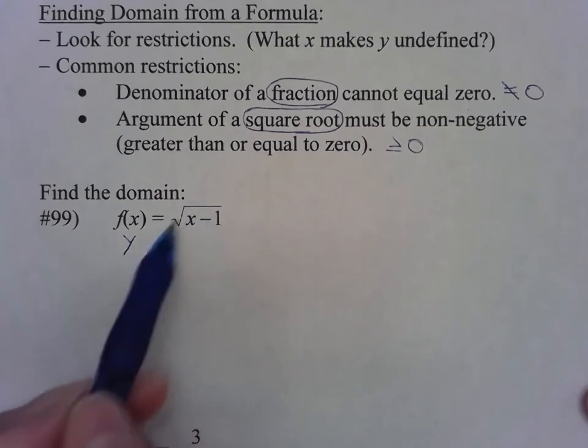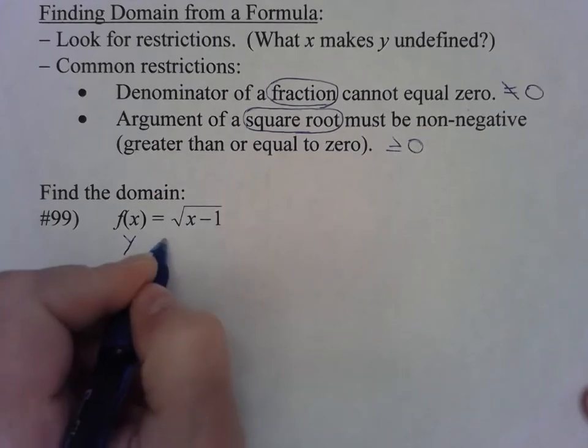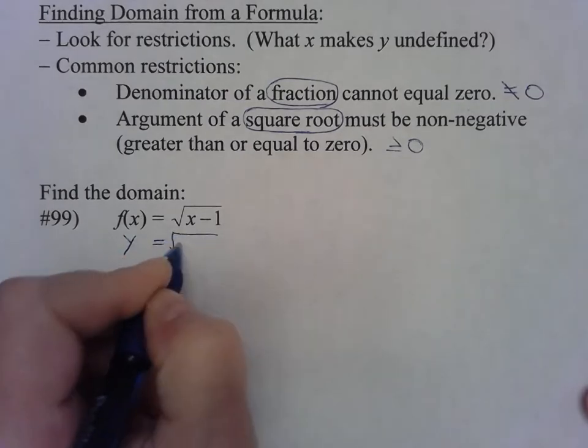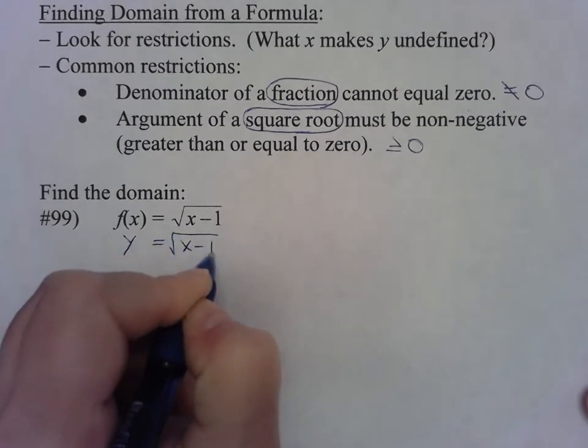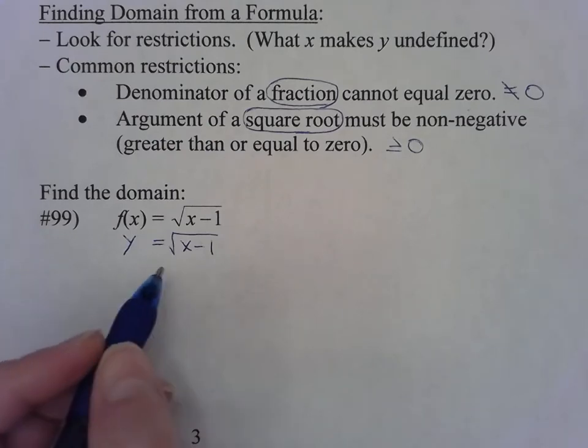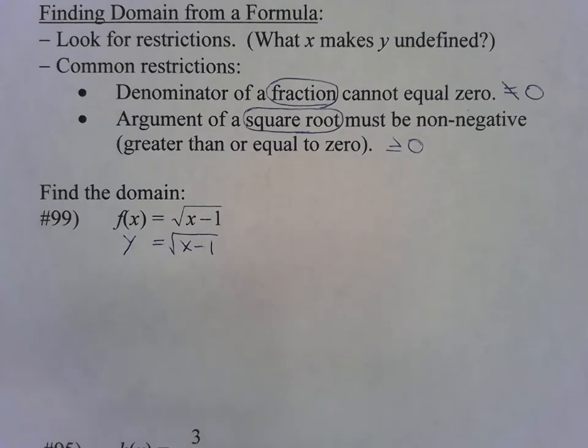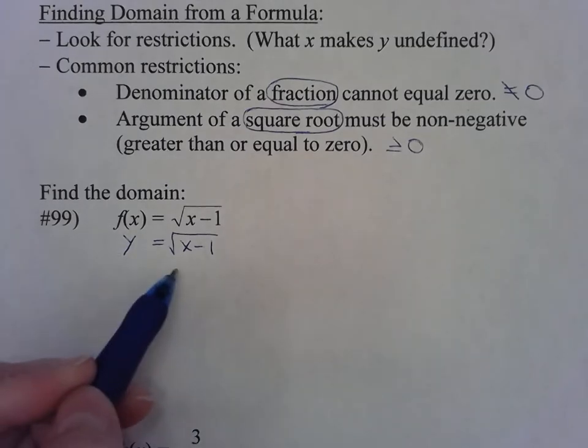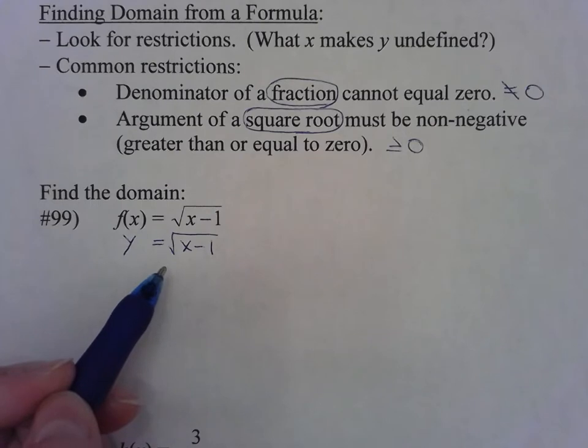Okay, for this function to work, I need to be taking the square root of something positive, either 0 or positive. So you could think in your head, what number would make the inside of the square root 0? That's the smallest number I could use. Or that's kind of the dividing line between numbers that work and numbers that don't work.